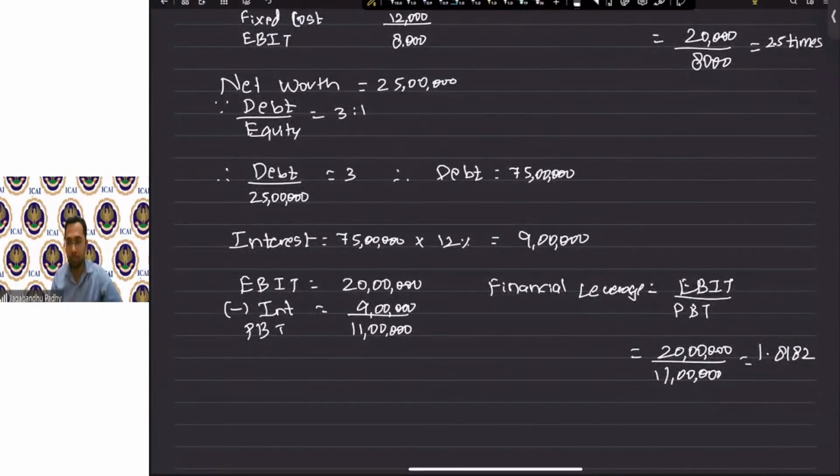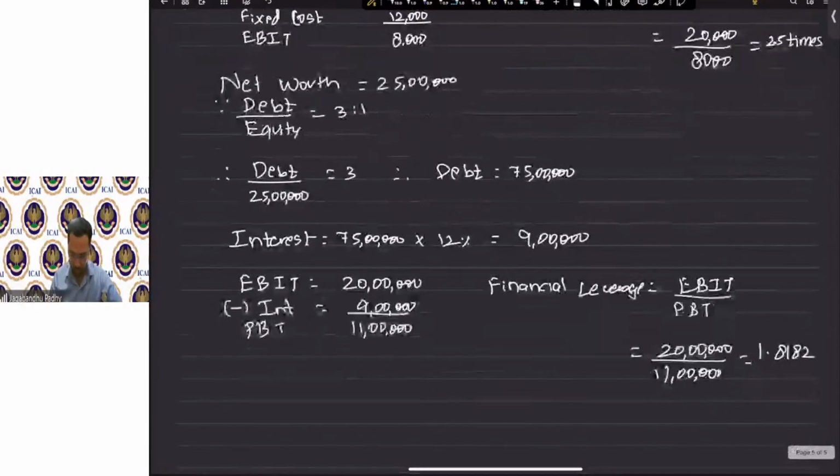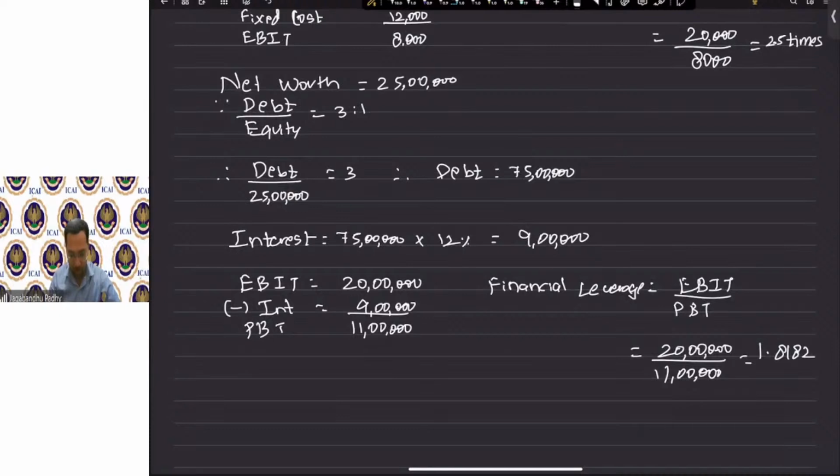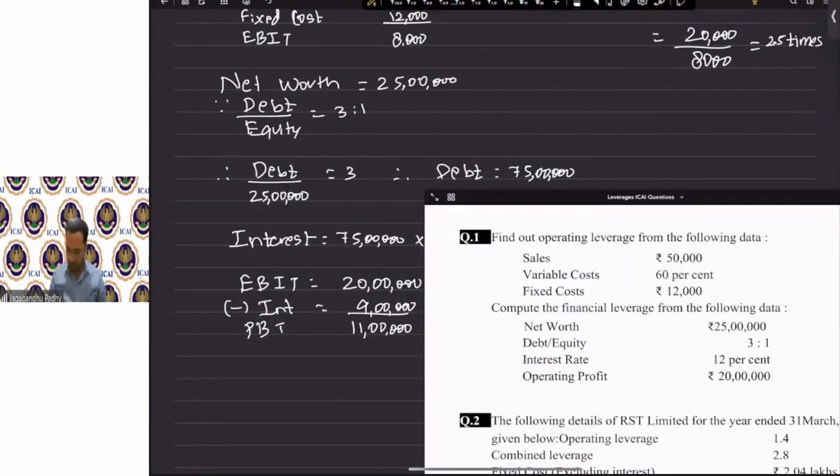Why is EBIT 20 lakh? Because the question says it's operating income or the operating profit, and operating profit is your EBIT.